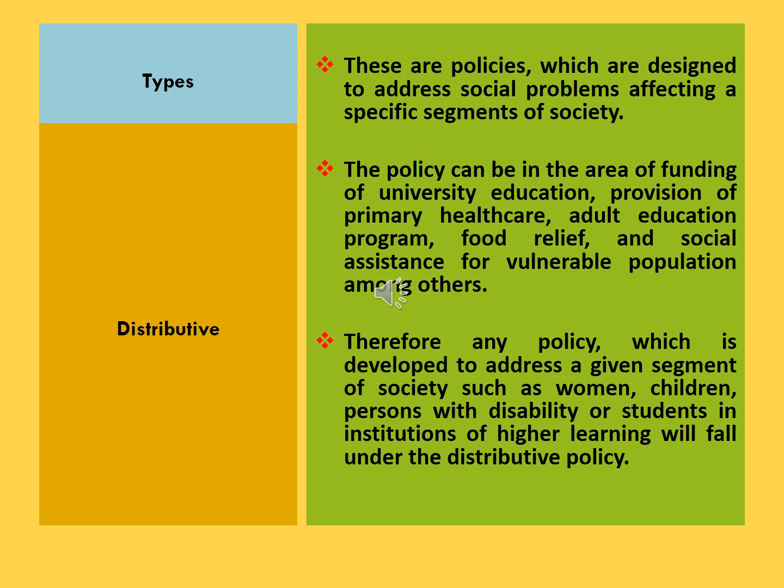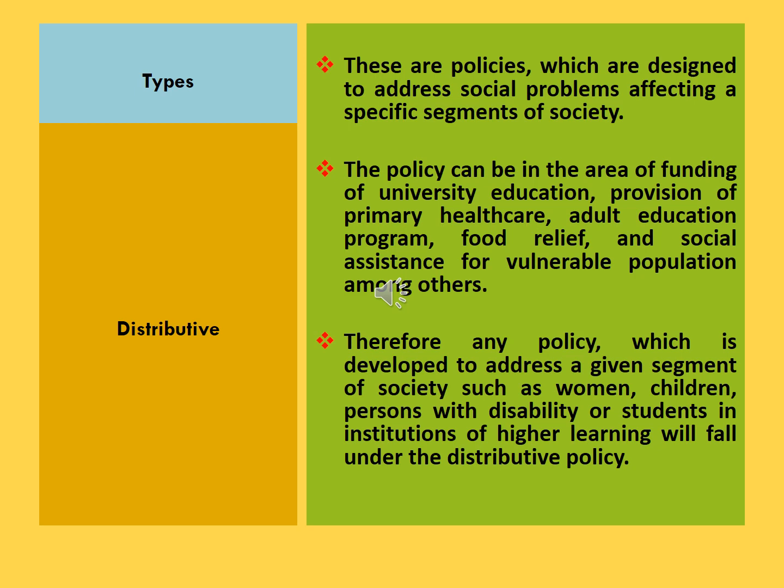Therefore, any policy which is developed to address a given segment of society, say women, children, persons with disability, or students in institutions of higher learning, are all part of what we call distributive policies.